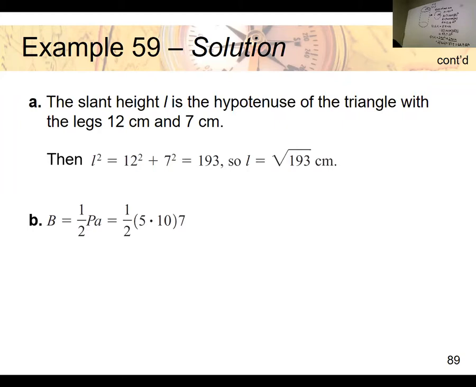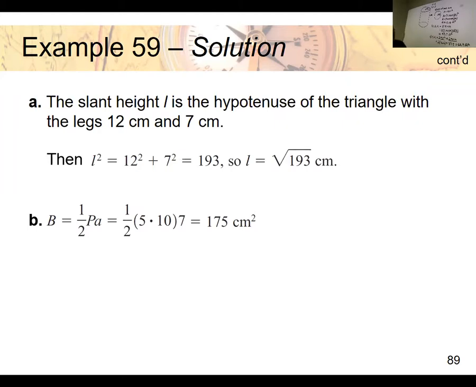Each side is 10 units long, so 5 times 10 would be 50, and then times the 7, which is your apothem. And this will give you 175 square centimeters. That would be the base of that pyramid, area of the base.